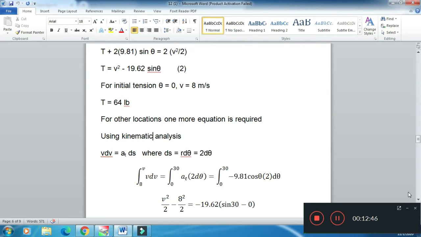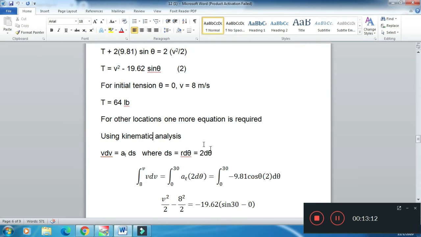ds is the distance covered and ds is equal to r d theta. The length of the chord is 2, so we replace r equal to 2, and from equation 1, a_t is equal to minus 9.81 cos theta.